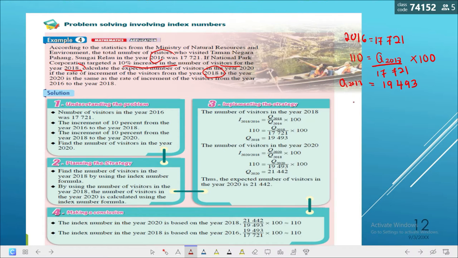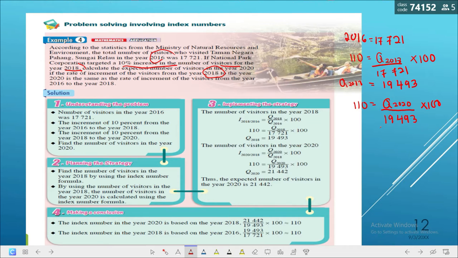We now need the number of visitors in 2020. They use base 2018, which we already know is 19,493, times 100.